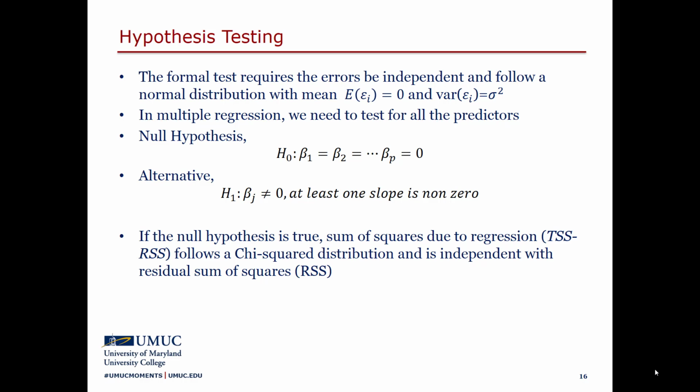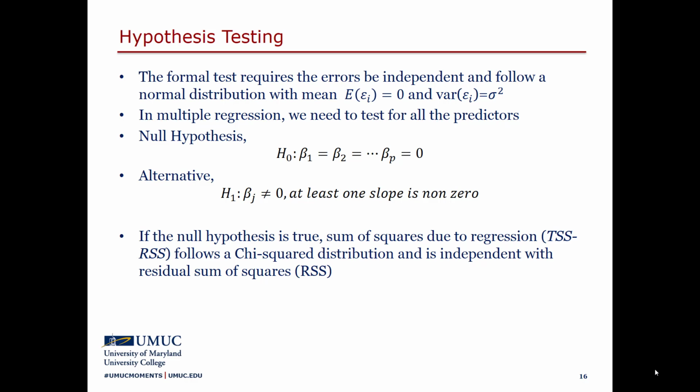Like what we did for the simple linear regression case, we have to do hypothesis testing here as well for multiple linear regression. And the formal test requires, and this is the same assumption we made for simple linear regression, that the error terms are independent and have constant variance.